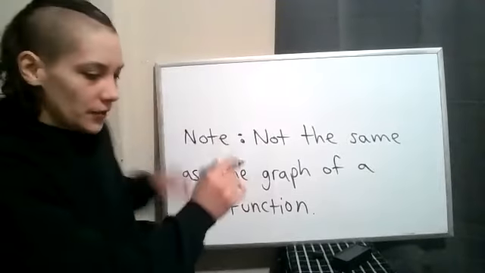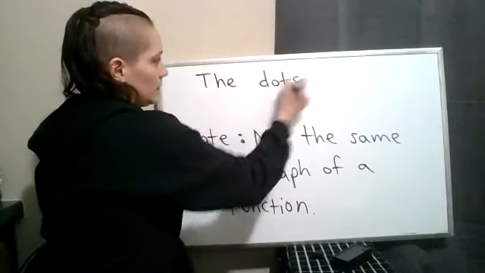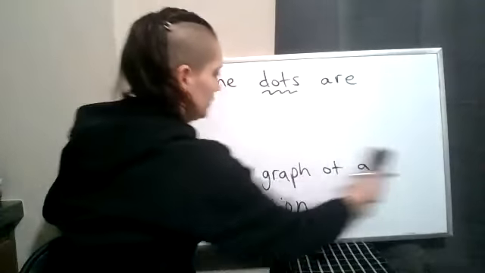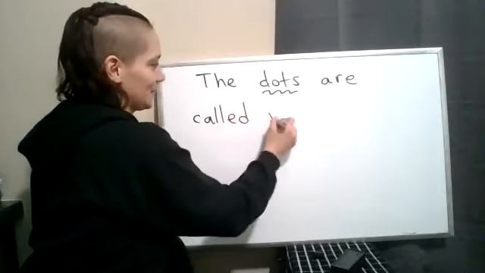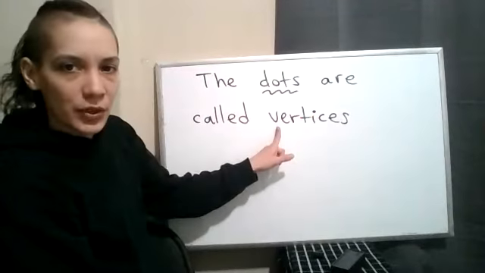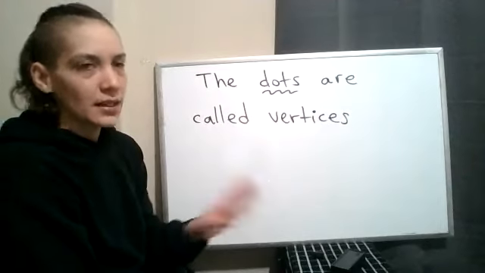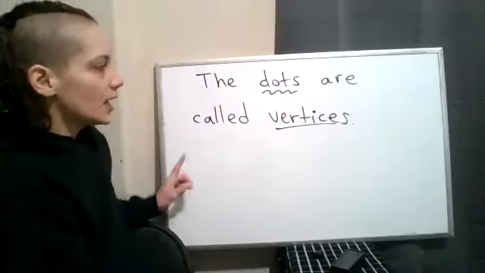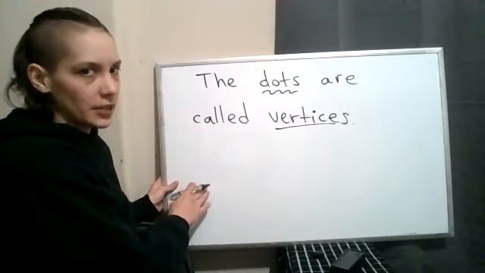So the dots are called vertices. Vertices is plural. One of them is called a vertex. So a single one is a vertex. A couple of dots are called vertices. And the lines, they don't have to be straight lines, but the lines connecting the dots are called edges.